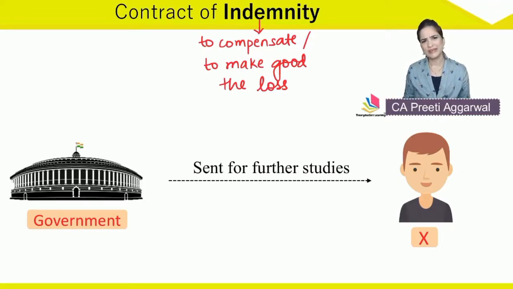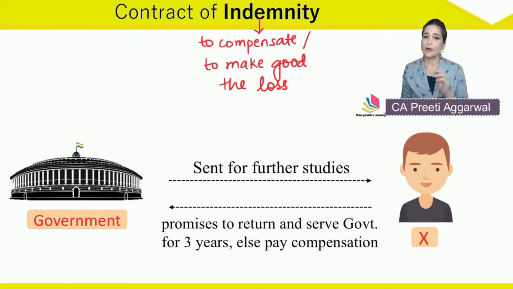Now don't you think that if the government is spending so much on X, they will want X to come back and work for the government, to give the government some advantage of spending so much on training X. So the government asks X to work for the government for some time. X promises that I will return and I will work for the government for 3 years.